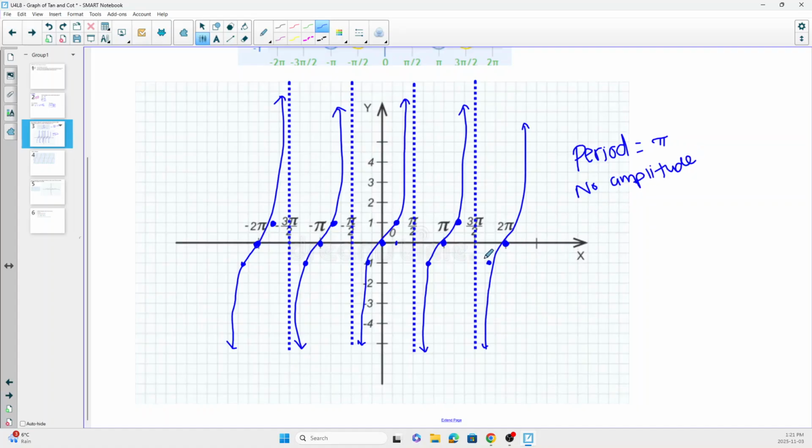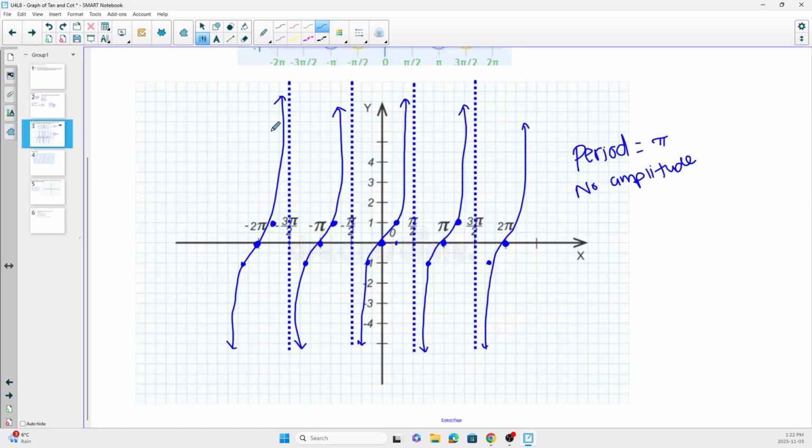It has x-intercepts at the multiples of pi as we go up by pi, pi, 2 pi, 3 pi, etc. It has a y-intercept of 0.